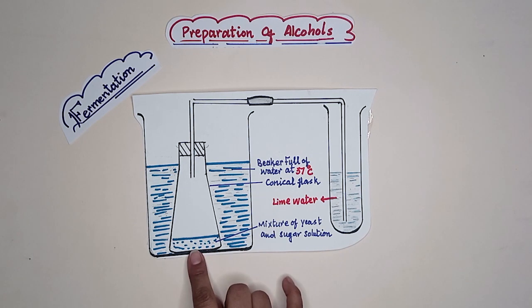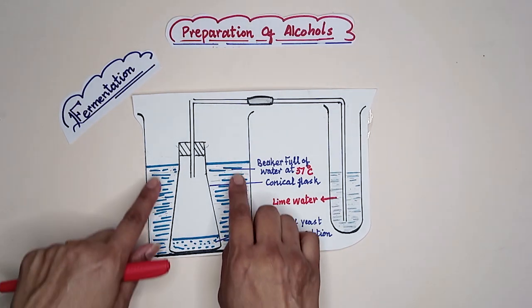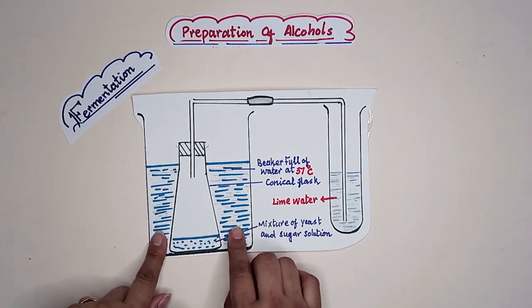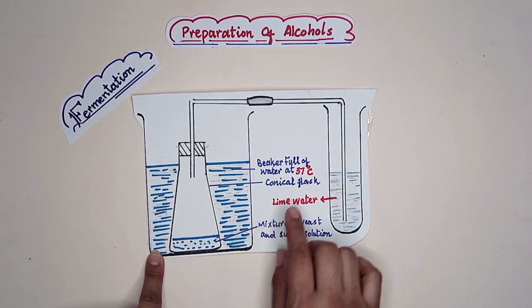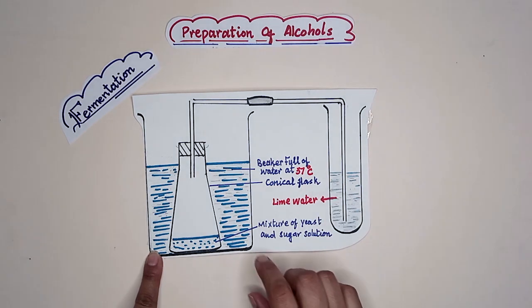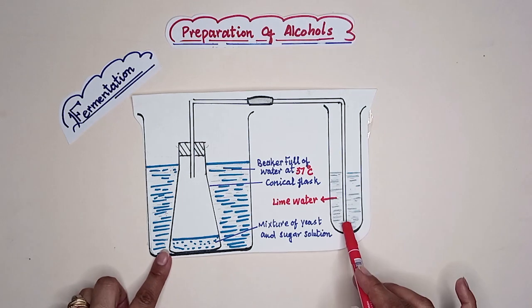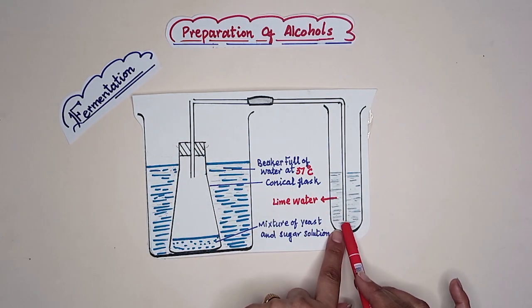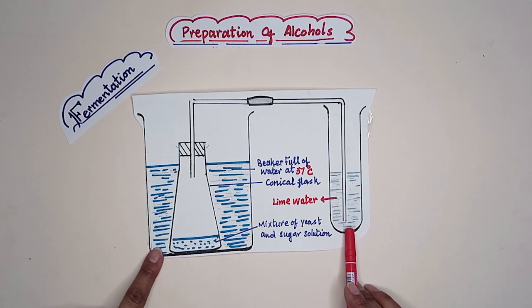We take sugar solution and yeast in a conical flask and put it in a hot water basin, or a hot water beaker, where we maintain the temperature at 37 degrees centigrade. We make it airtight and insert the delivery tube in the lime water. Why do we use the lime water?